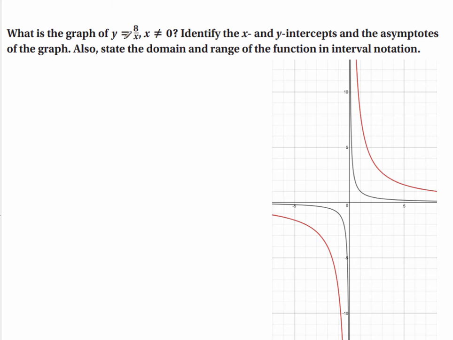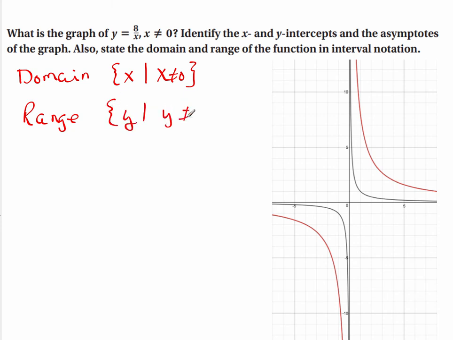Now if I wanted to graph y is equal to 8 over x, I will have the same vertical and horizontal asymptotes, but I'm going to have a vertical stretch, factor 8. The domain is going to be the set of x such that x does not equal 0, and the range will be the set of y such that y does not equal 0. Once you have your vertical and horizontal asymptotes in, pick a point. Again, I like 1.